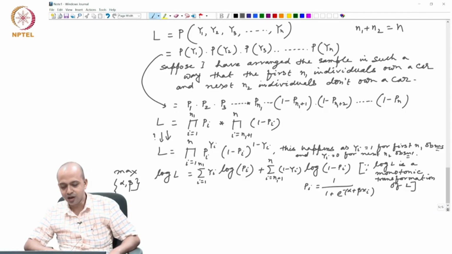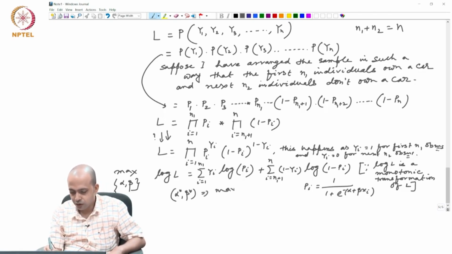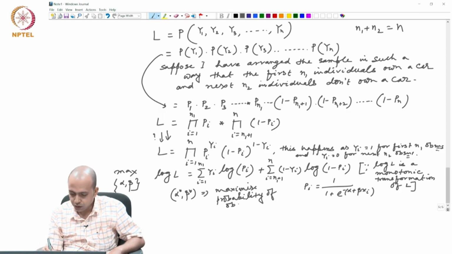Okay. And you will get the optimum alpha star and beta star that will maximize the probability of observing that sample.